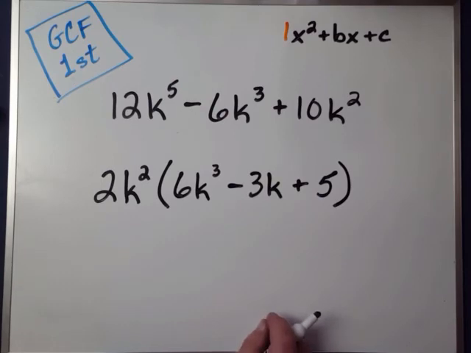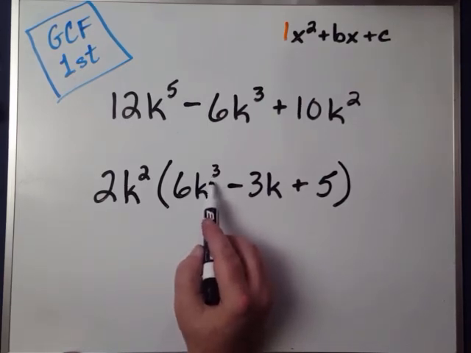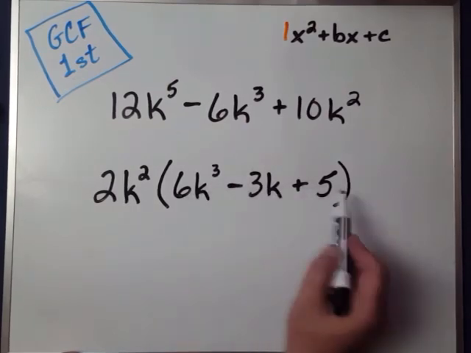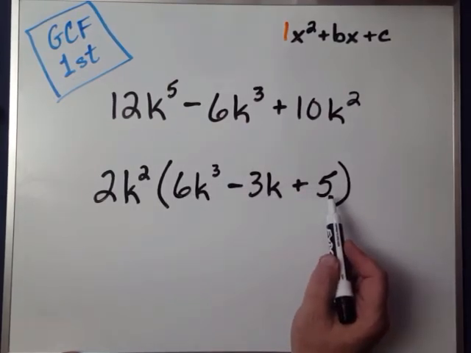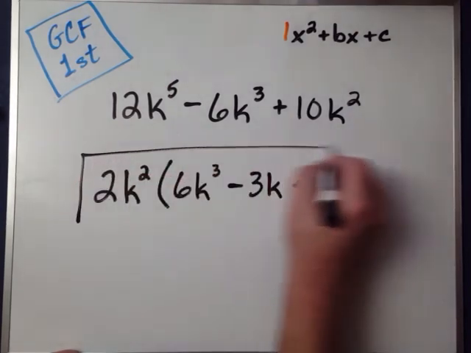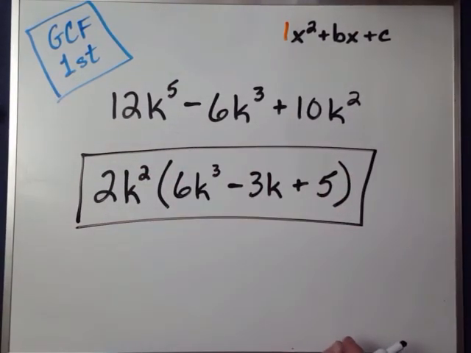Is this factored completely? Admittedly, this is a tough one for us to answer at this point, but the truth of the matter is, you see this power of 3 on that k? There's nothing else I can do with this. This thing in parentheses is prime. And so, that's all it factors.